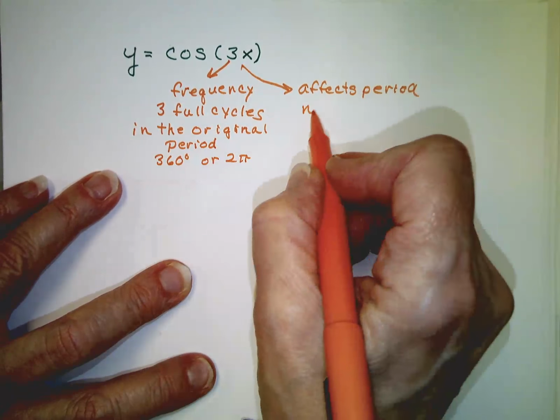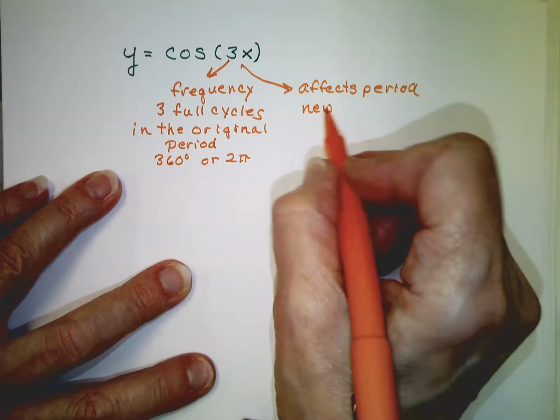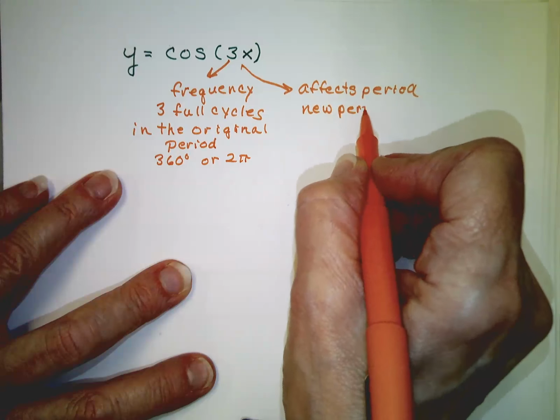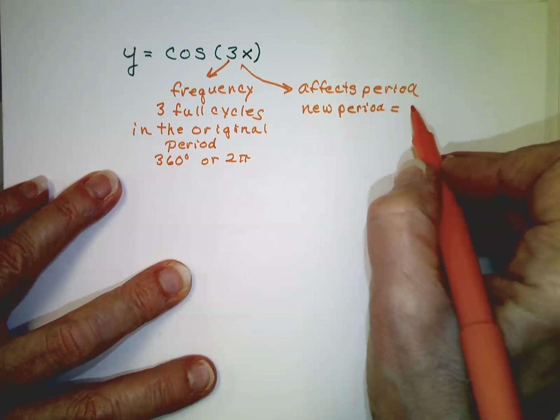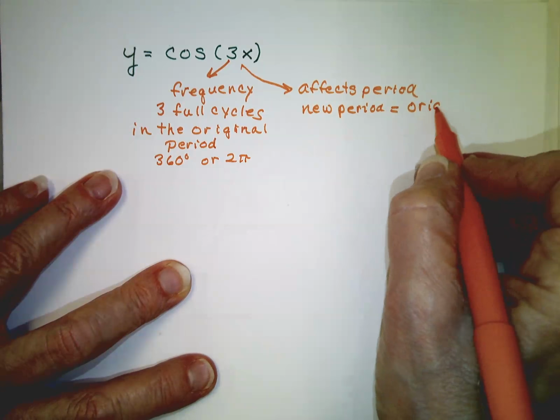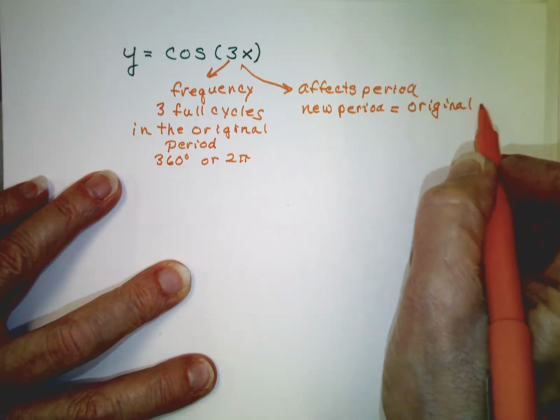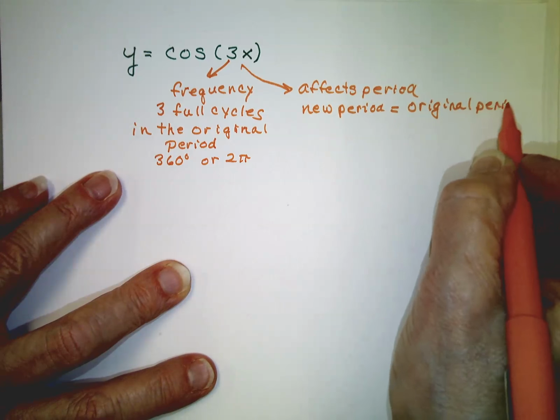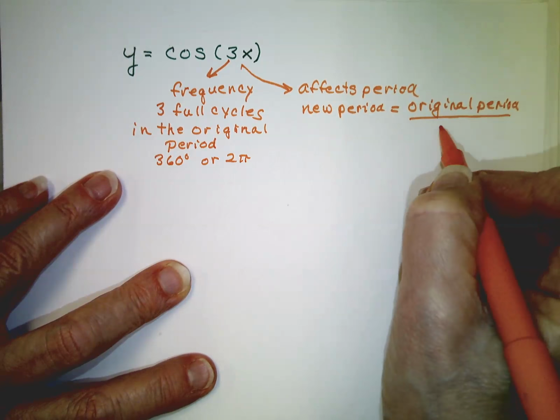The new period on the function we've got here is going to equal the original period divided by 3.